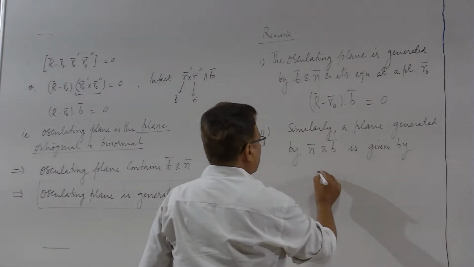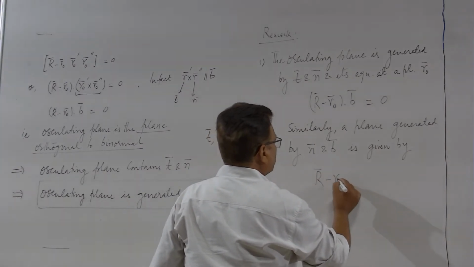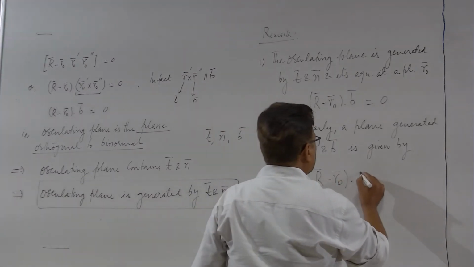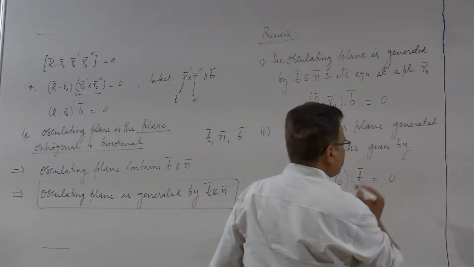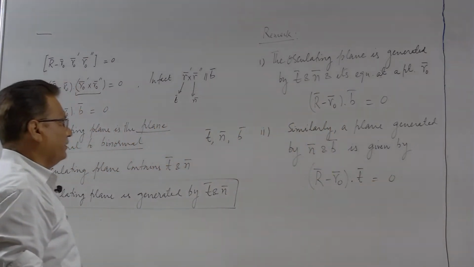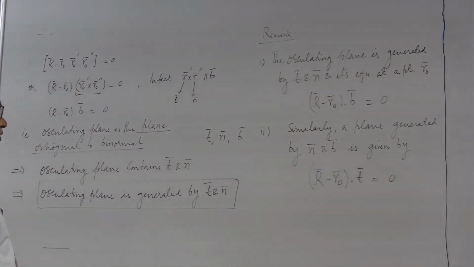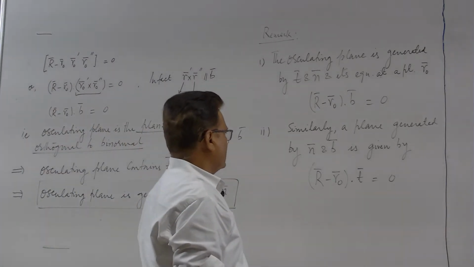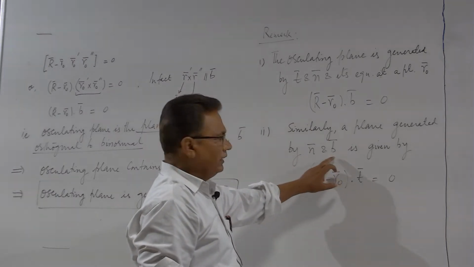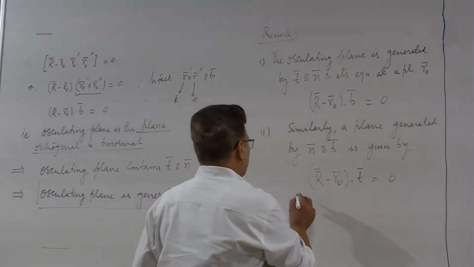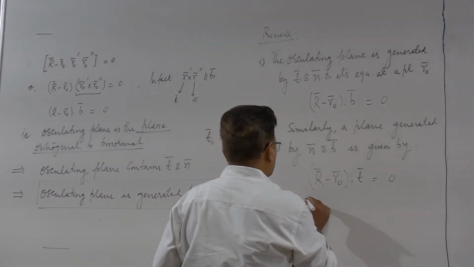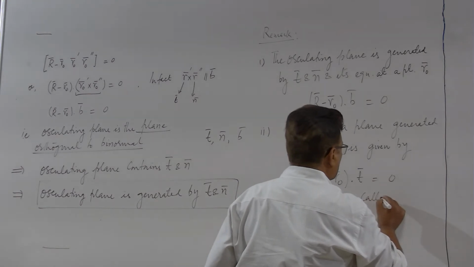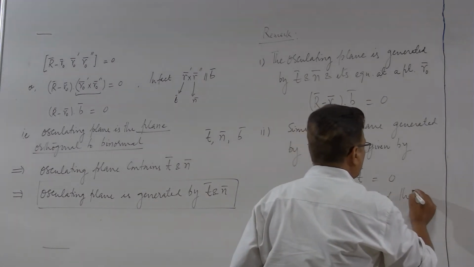That equation I can write down at a point r 0, in fact, r minus r 0 dot t equal to 0. If something is generated by n and b, its equation must be like this, and this being generated by two normals, we will call it a normal plane. This plane is called the normal plane.